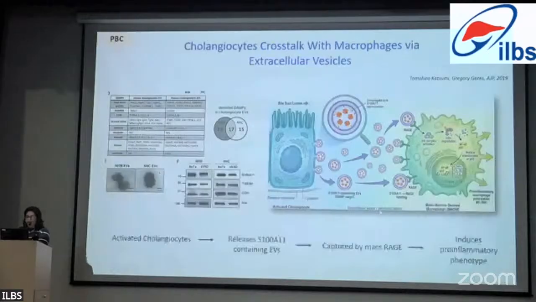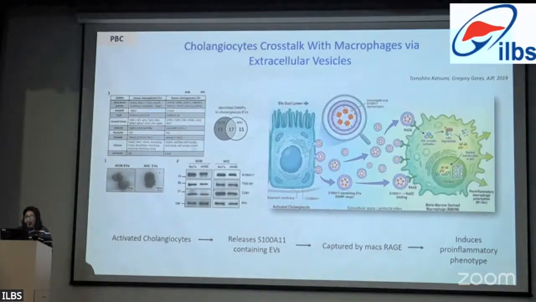So besides chemokines and immune cells, interestingly, recently Gregory Gores' group found that cholangiocytes can release extracellular vesicles, which can crosstalk with the macrophages. To give you a brief, extracellular vesicles are small vesicles which are derived from the cell, and they are miniatures of the cell, and they carry all the information of the cell inside them in the form of cargos.